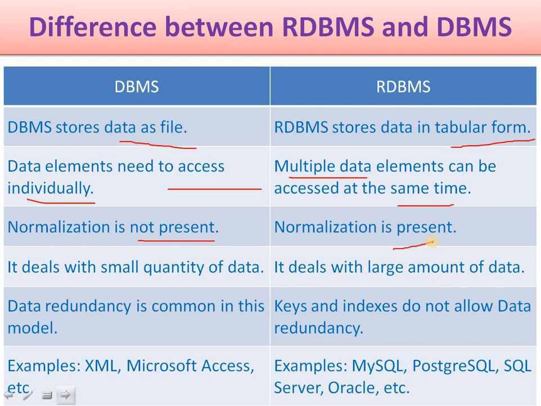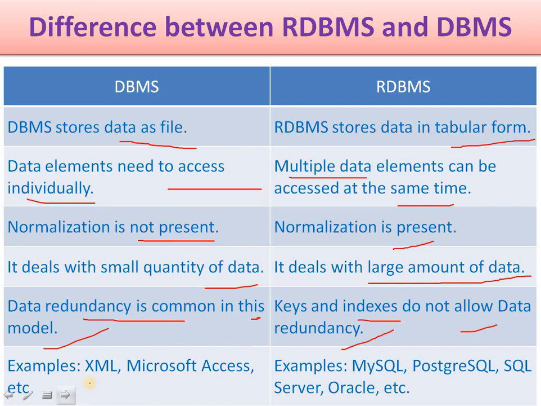Normalization means normalizing the data. DBMS deals with a small quantity of data and relational database deals with a large amount of data. And in DBMS redundancy is common in this model, whereas in RDBMS key indexes do not allow data redundancy.